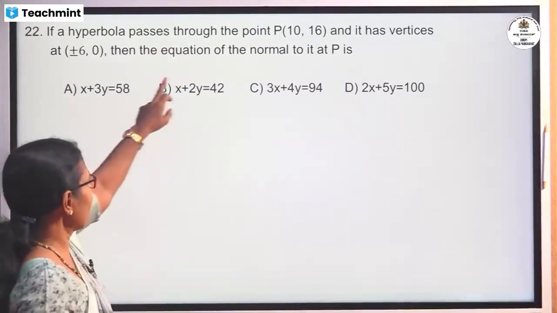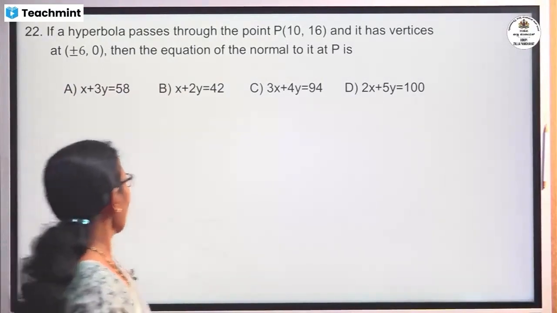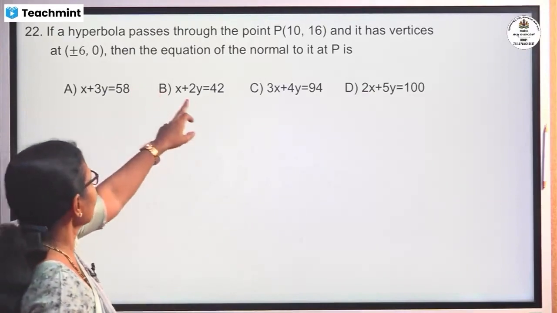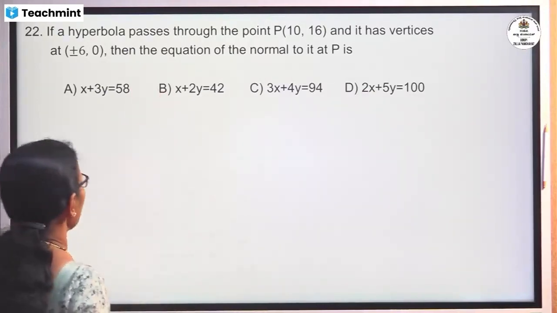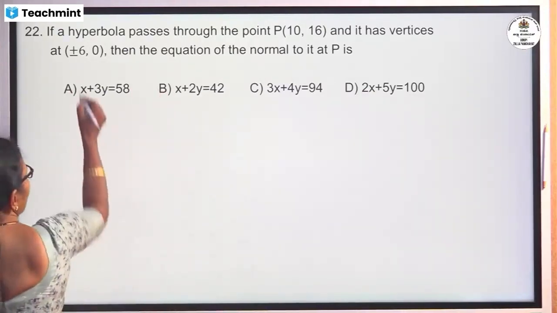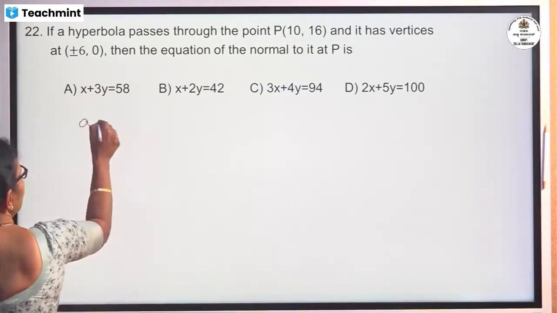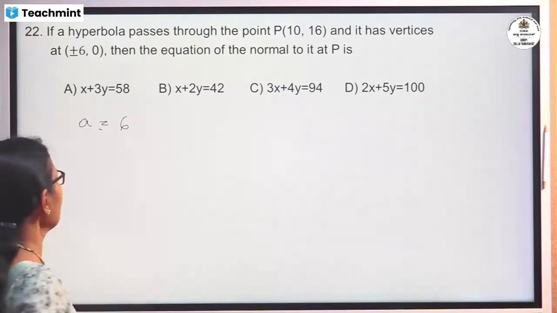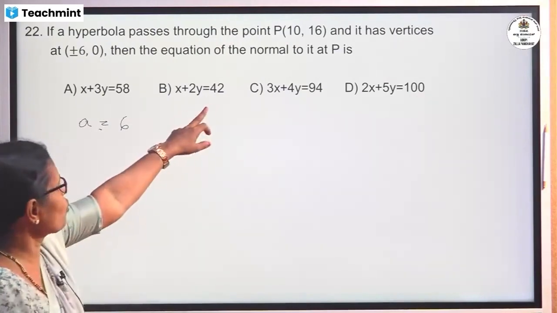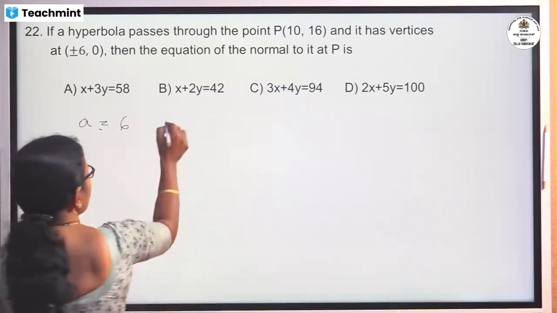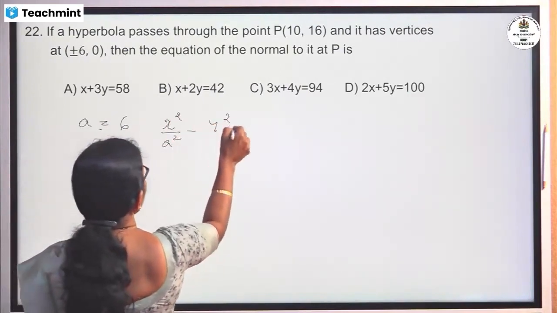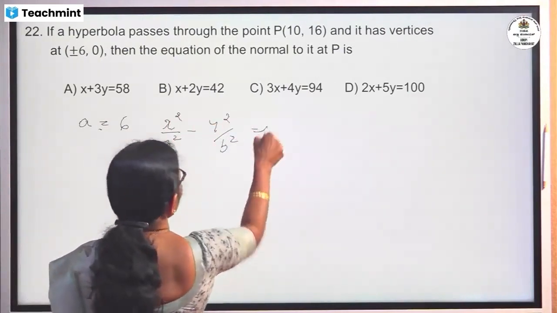If the hyperbola passes through the point 10, 16 and the vertices plus or minus 6, 0, then the equation of the normal at P is. Here we know that a is equal to 6, and it passes through 10, 16. X square by a square minus y square by b square is equal to 1.